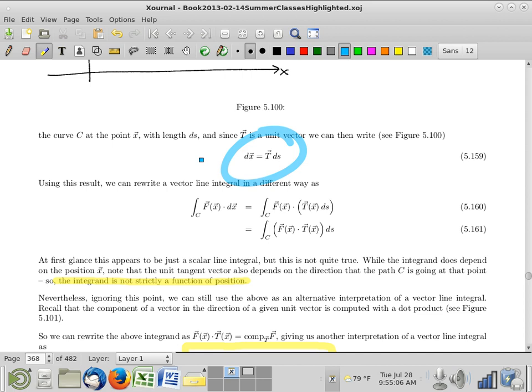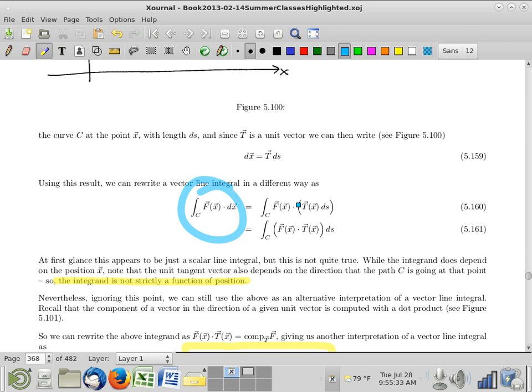Suppose that I used that to plug into my vector line integral. I've got this vector line integral here, the integral of F dot dx, and suppose I forget about the whole parameterization and velocity business, and let's just rewrite dx as T ds. And what does that do for us? Well, it gives us a different interpretation of what this might represent.